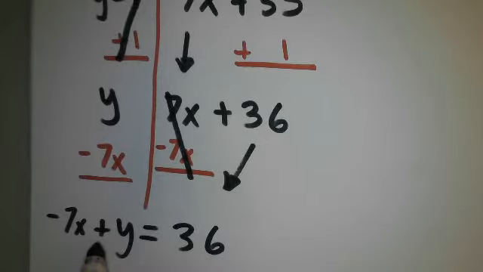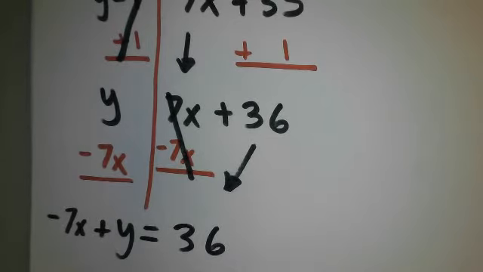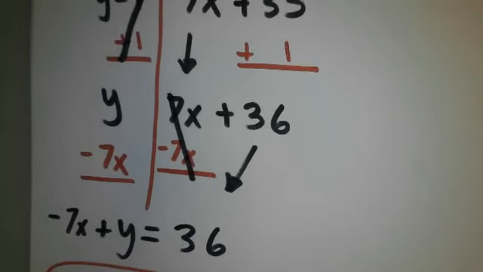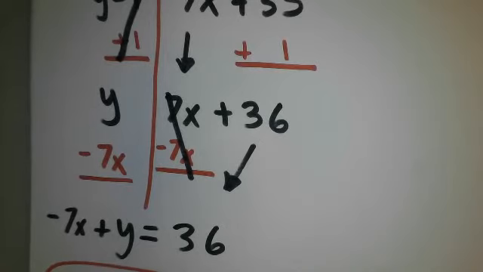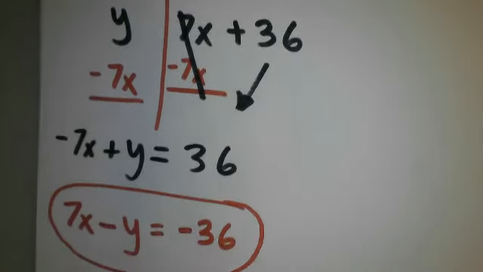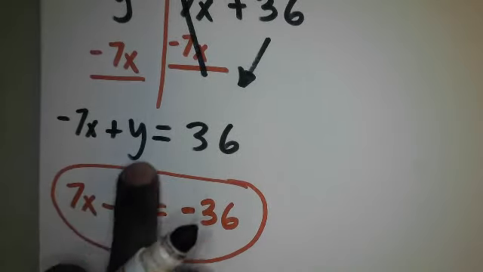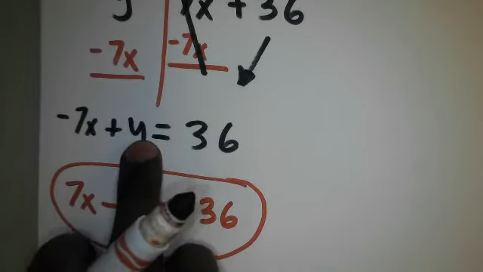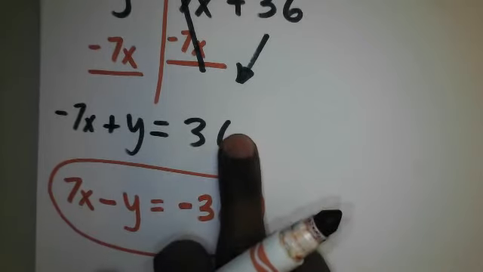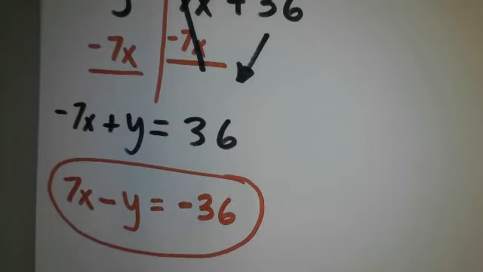I'm going to change this plus sign into a minus sign. So minus y equals, I'm going to change the positive 36 and make it negative 36. And this would be my answer for this problem. This would be in standard form. So negative 7 to positive 7, positive y to negative y, positive 36 to negative 36. And that would be my answer.